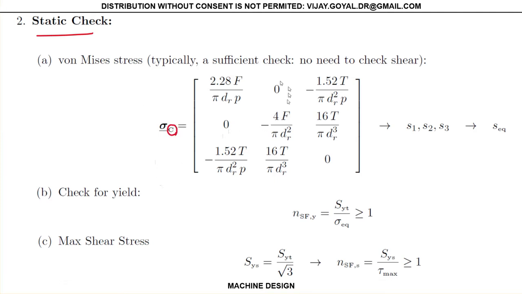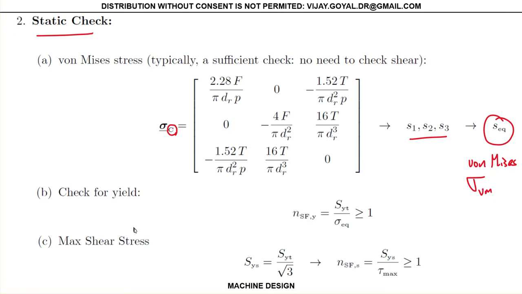And basically, once you have a state of stress, what you really want to find in your static check is sigma 1, sigma 2, and sigma 3. I mean, S1, S2, S3, these are principal stresses. This sigma equivalent is von Mises. So in most of the problems that I'm going to solve, I'm probably going to write this as VM in your solutions, but don't get confused by that.